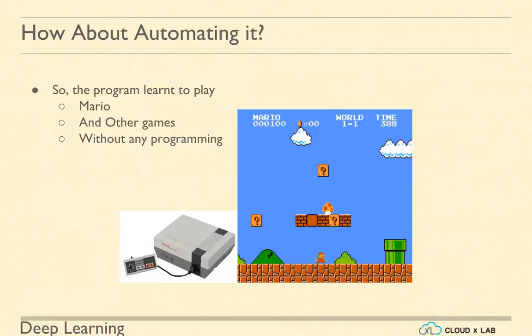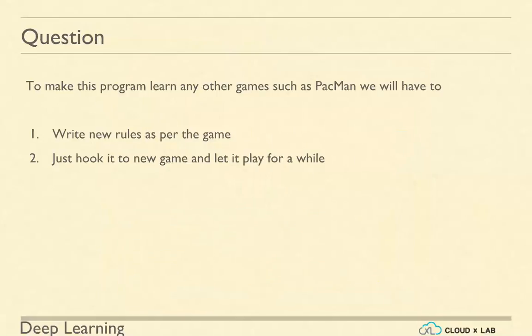So basically the program learned to play Mario and other games without programming. Now, a question to all of you, you can respond using the chat window, not the Q&A window. To make this program learn any other game, such as Pac-Man, will we have to write new rules as per the new game, or just hook it to the new game and let it play for a while?